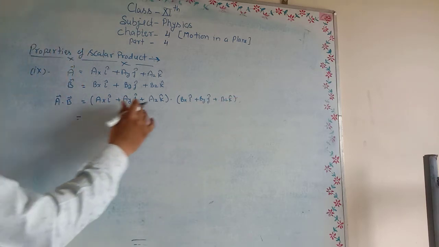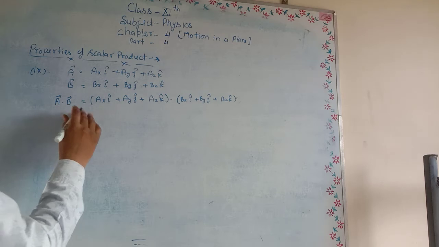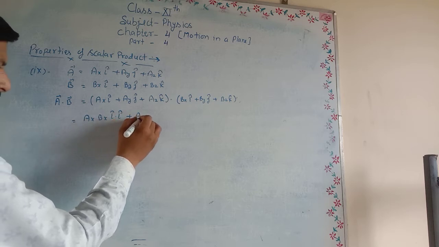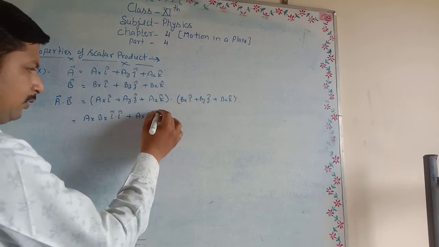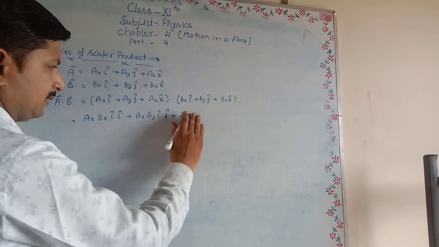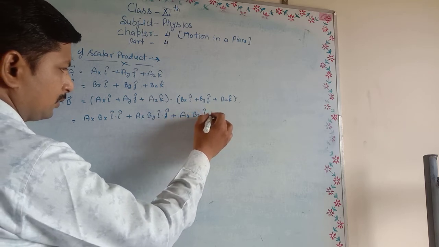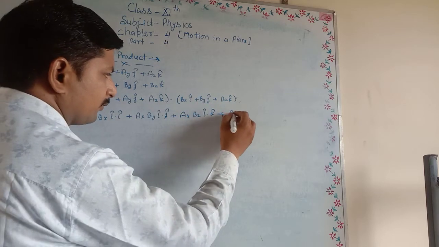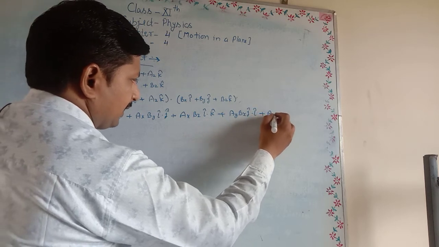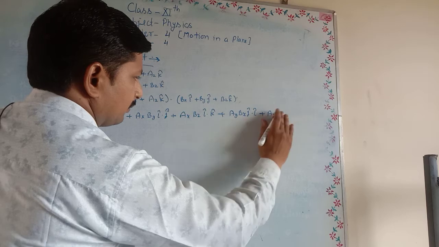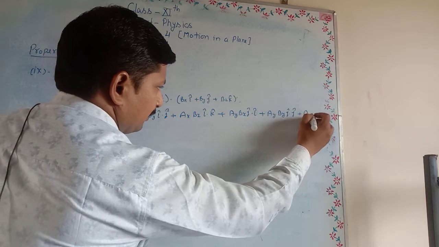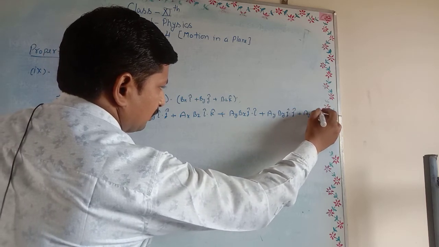Okay students, then by simple multiplication: Ax Bx i dot i plus Ax By i dot j plus Ax Bz i dot k plus Ay Bx j dot i plus Ay By j dot j plus Ay Bz j dot k.